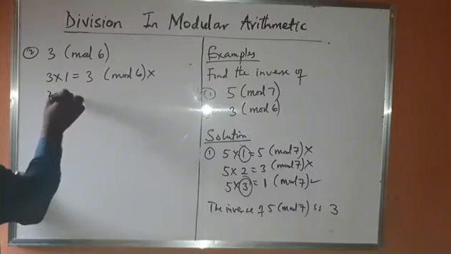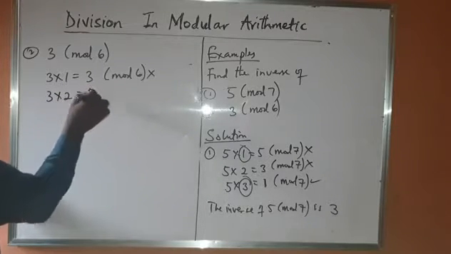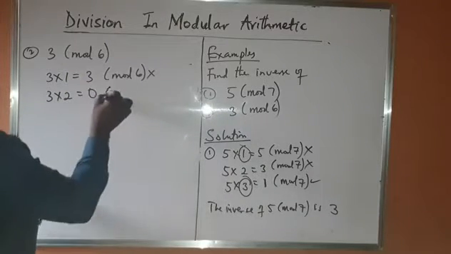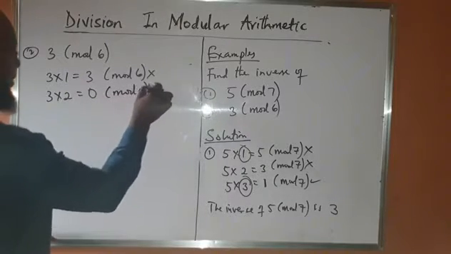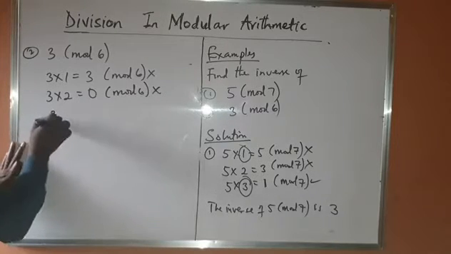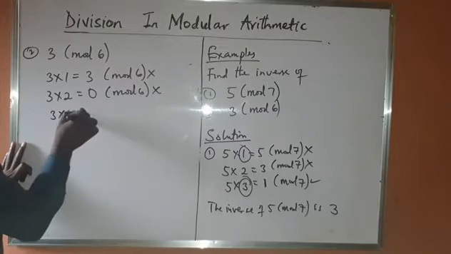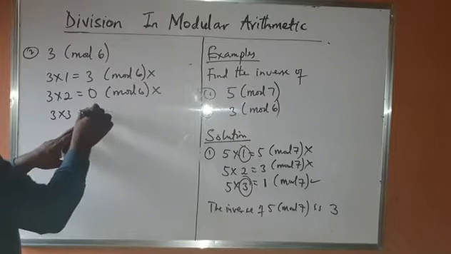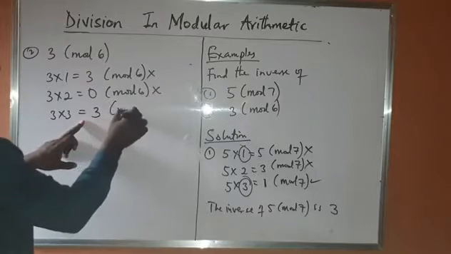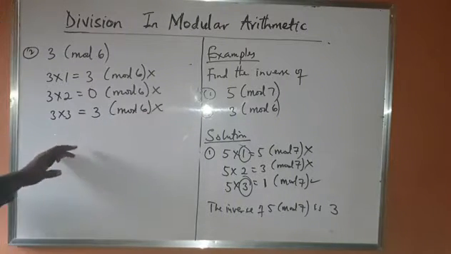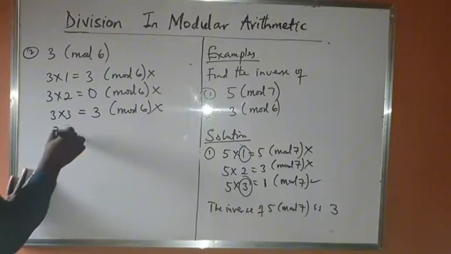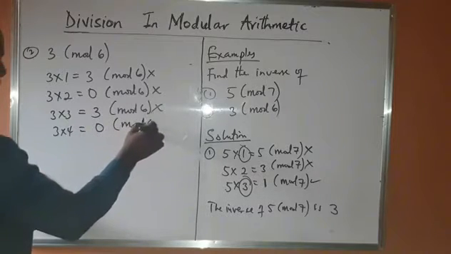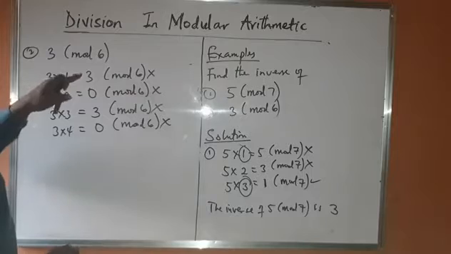Then 3 times 2 gives 6, and 6 divided by 6 leaves 0, mod 6. 3 multiplied by 3 gives 9, which is 3 mod 6, the same thing. Then 3 times 4 gives 12, which is 0 mod 6.